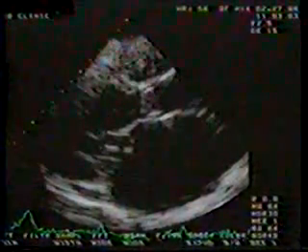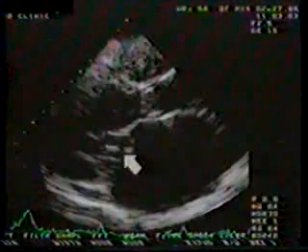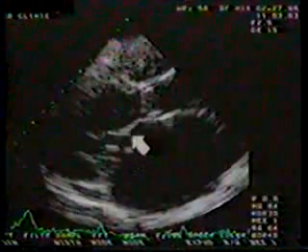This is a parasternal long axis still frame. The patient has prolapse of the anterior mitral leaflet and also has a small unsupported segment of the anterior leaflet.